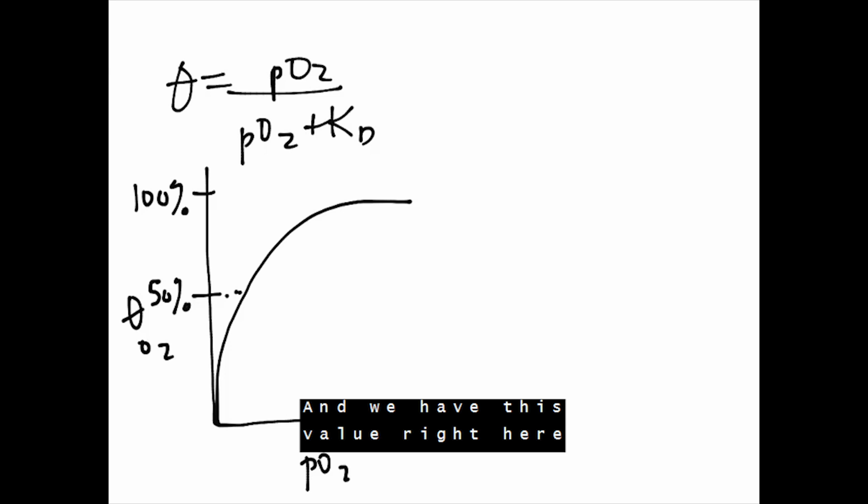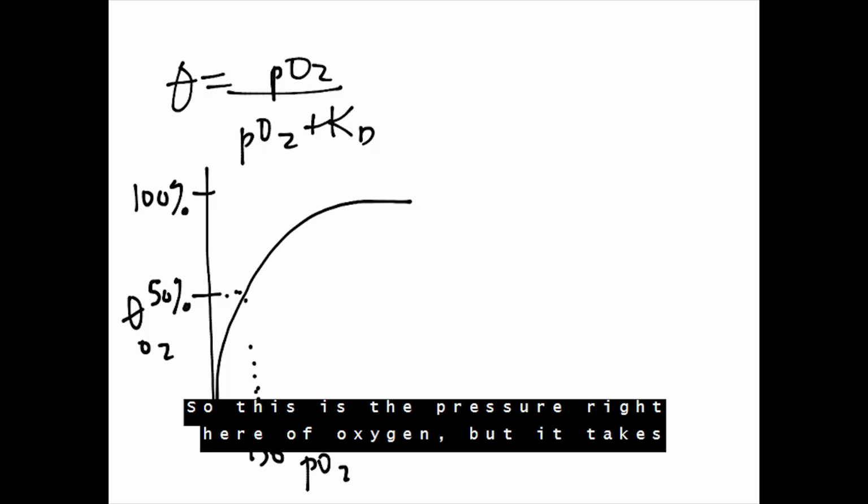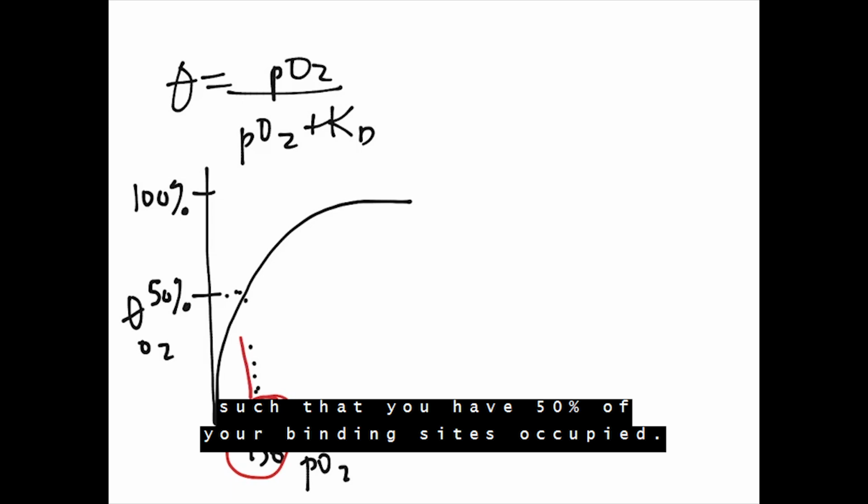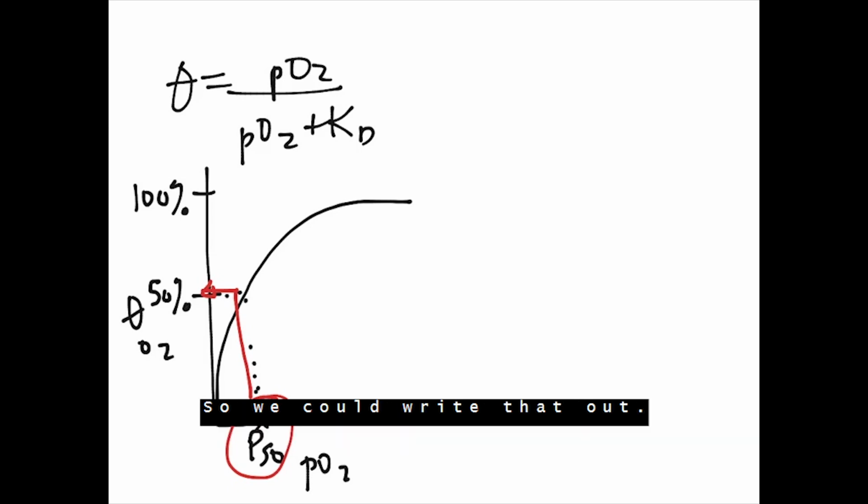And we have this value right here that we're going to call the P50. This is the pressure of oxygen that it takes such that you have 50% of your binding sites occupied.